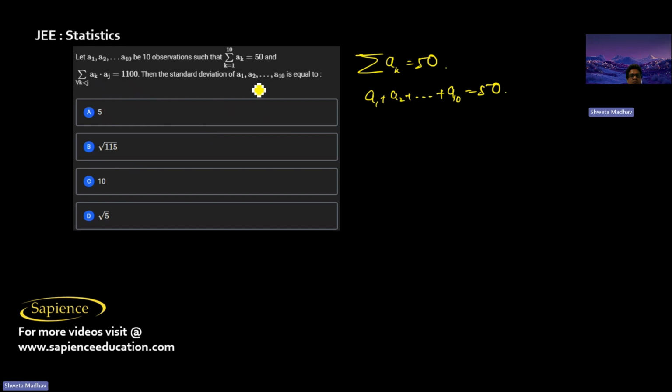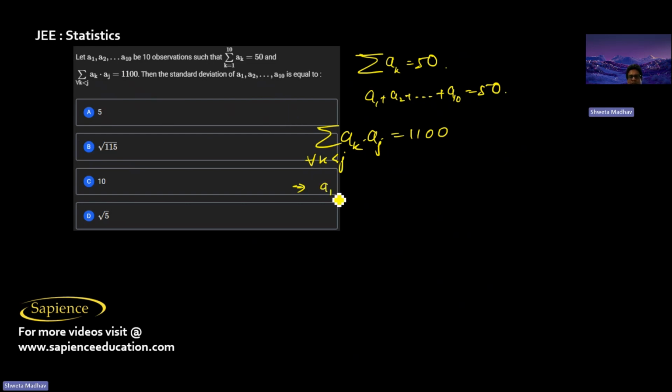The standard deviation of A1 to A10 is to be found. Summation AK into AJ equal to 1100 for all K less than J. So it means that K and J will go from 1 to 10.